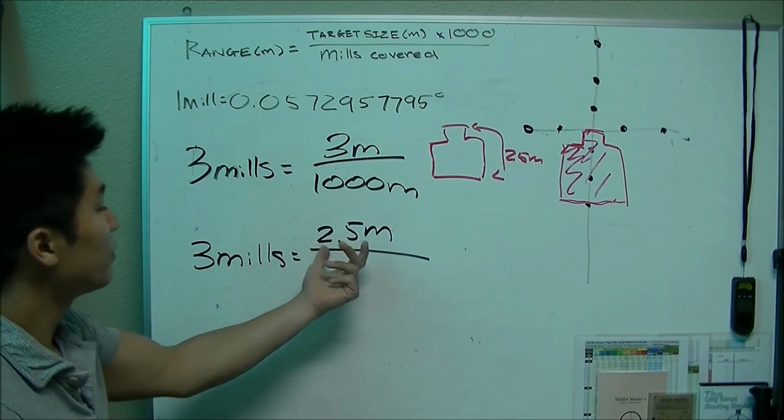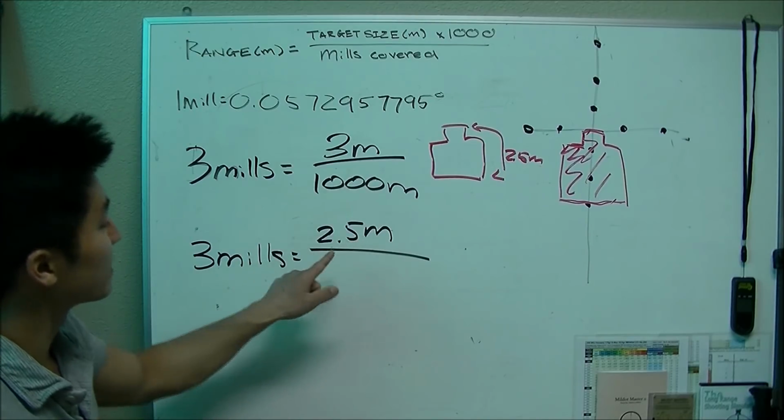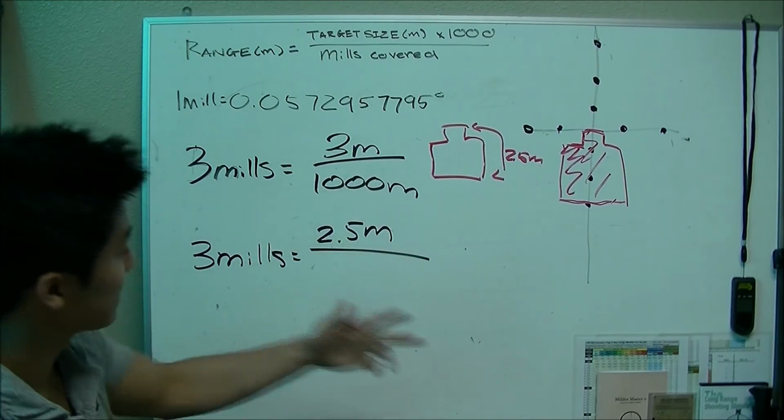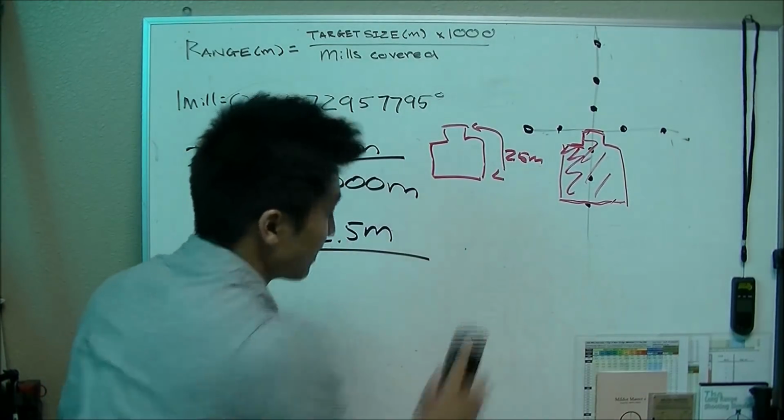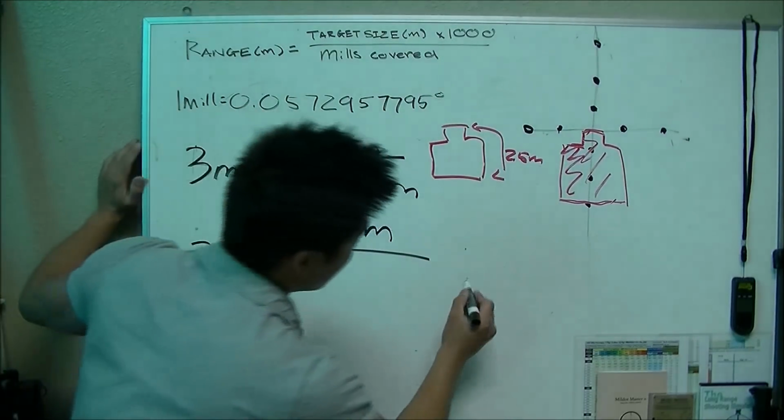Well, 3 mills is going to represent 2.5 meters. What's that distance supposed to be? We're going to visualize it again just to make sure we hit it home.